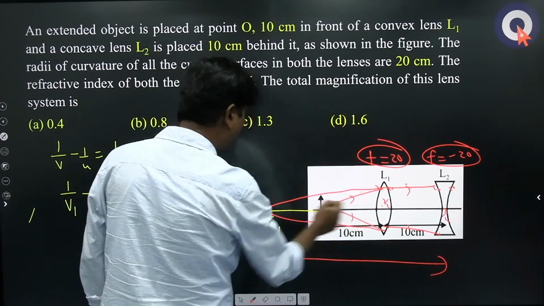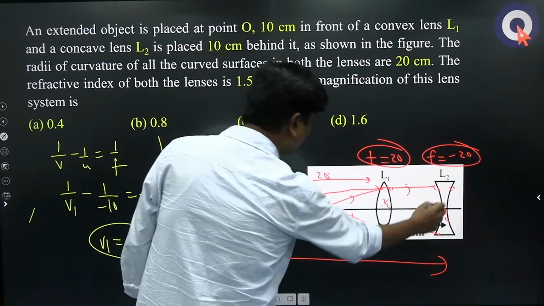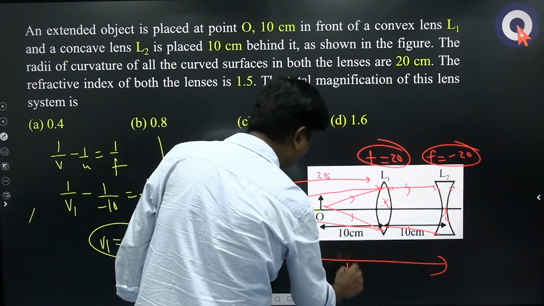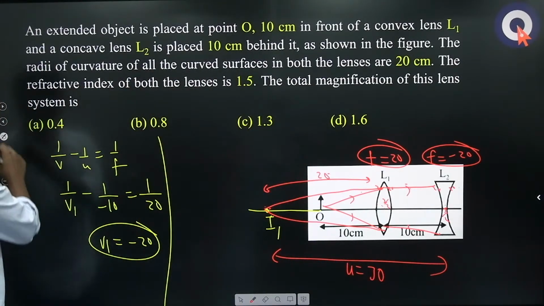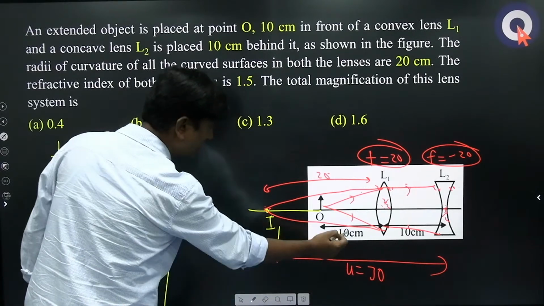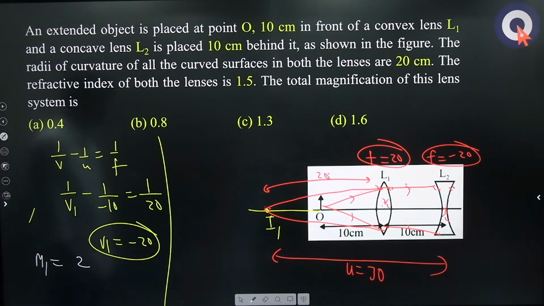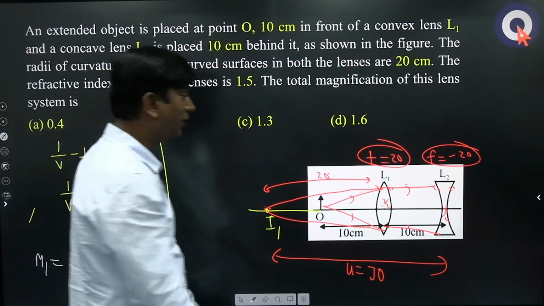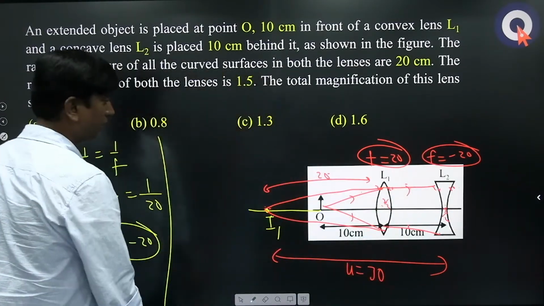Earlier this was here to here, already it was 20 you got. Now this is 10 plus 20, so the object distance should be 30. And the first magnification m1: object distance is 10, image distance is 20, so 2, you will get a virtual image, so plus 2.